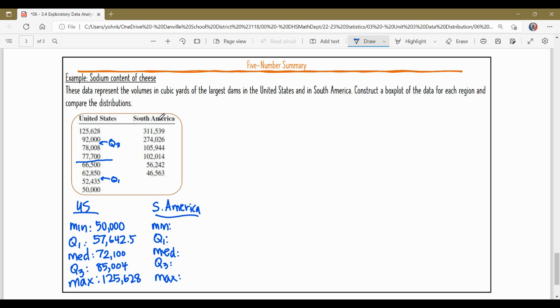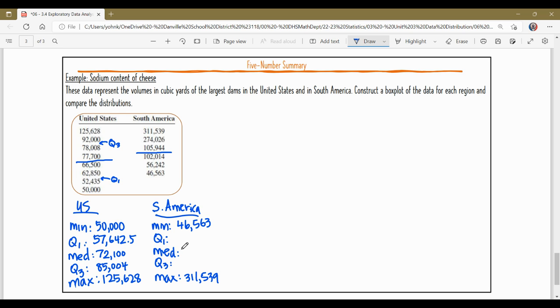Okay, over here in South America, I have 6 numbers. So 3 is my cutoff for my median. So my minimum is at the bottom, 46,563. My max is up at the top, 311,539. My median is going to be in the middle here.